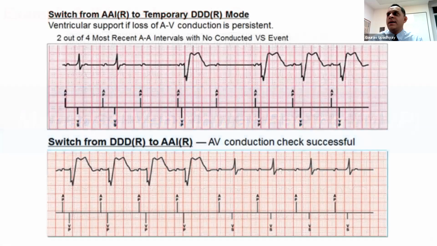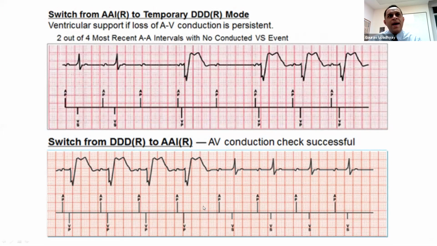That's absolutely right. So it's an example of managed ventricular pacing, and here's an example of how the device does that. So A pace, no V sense, A pace, V pace, A pace, no V sense, and then it switches. So there are 2 dropped beats before it will actually switch modes.